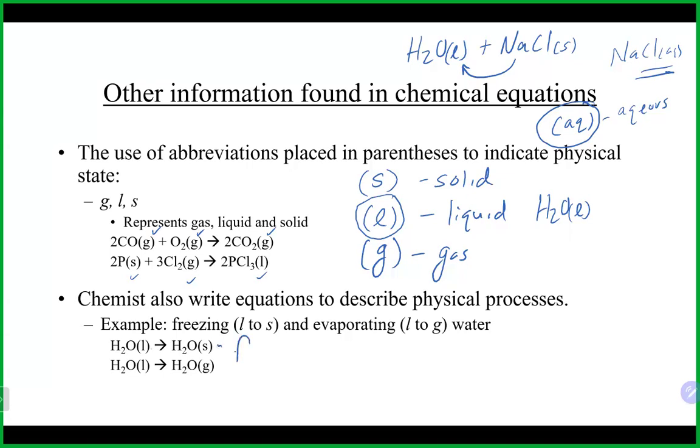That is freezing, right? And that is a physical change, but we can use an equation to represent that. This is our liquid going to gas. That's evaporation. Also a physical change. A lot of times we do use equations to represent chemical changes, but we can also use equations to represent physical changes that are occurring as well.